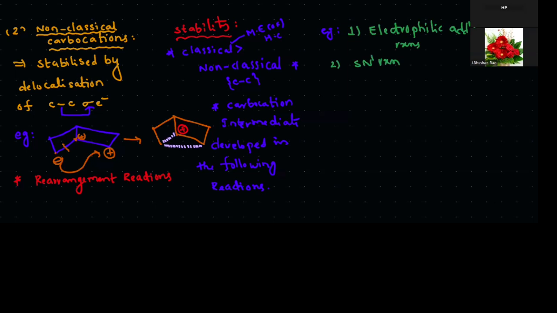So unimolecular nucleophilic substitution, and another one, unimolecular elimination reaction. Next, third one, Friedel-Crafts alkylation and acylation reactions. In this case also, the carbocation is the intermediate.